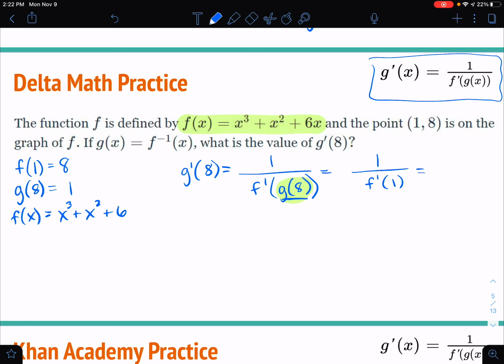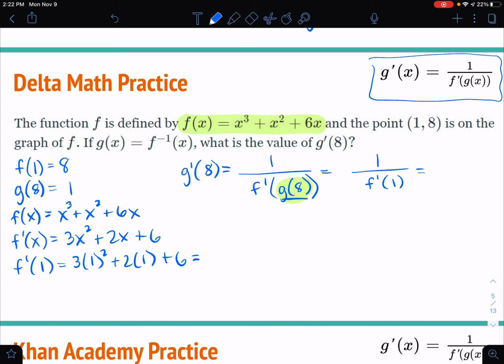I'm going to have to do a little bit of work to figure that out. f prime of x is going to be 3x squared plus 2x plus 6. So f prime of 1 is going to be 3 times 1 squared plus 2 times 1 plus 6, which is going to be 6, 7, 8, 9, 10, 11. So it's going to be 1 over 11.